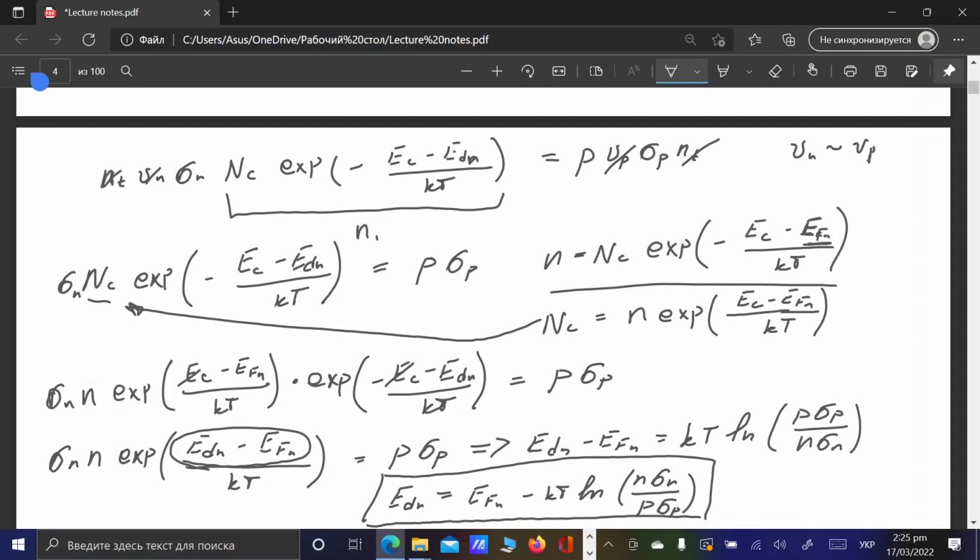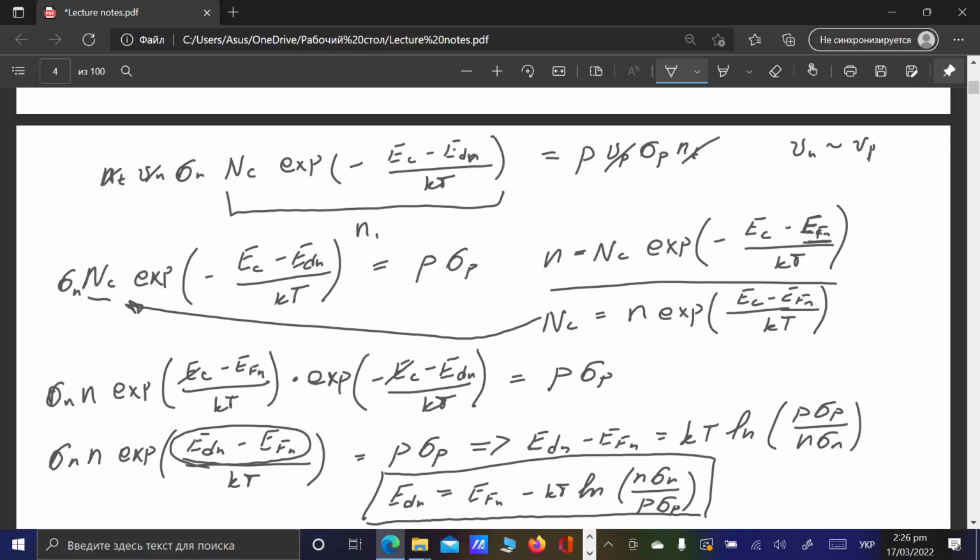We discussed previously how we determine the position of the quasi-Fermi level for electrons, and once we know it, we can calculate, based on the properties of the semiconductor and properties of the defect, the position of the demarcation energy level.